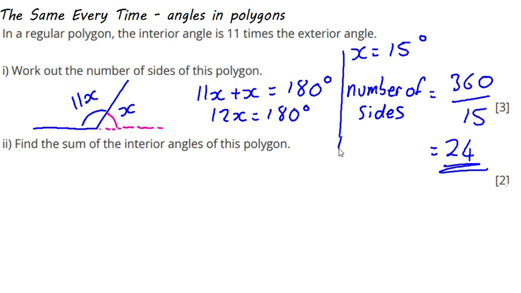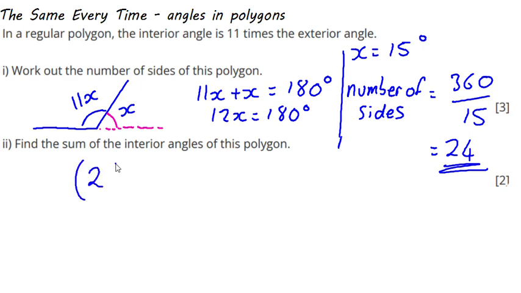Find the sum of the interior angles of this polygon. Okay, we've got more than one way of doing this, haven't we? Now that we know, we could work out the size of the interior angle, 11 times x, 11 times 15, then multiply it by 24, because that's going to be the number of angles. But let's just use the formula. Find the sum of the interior angles.